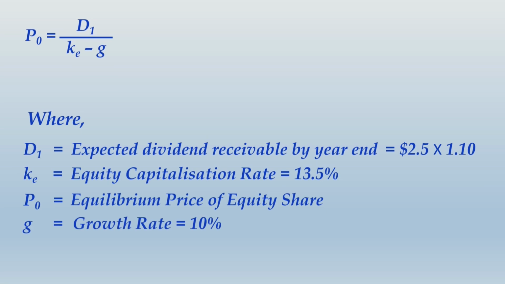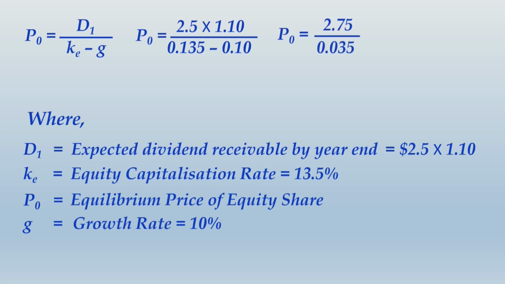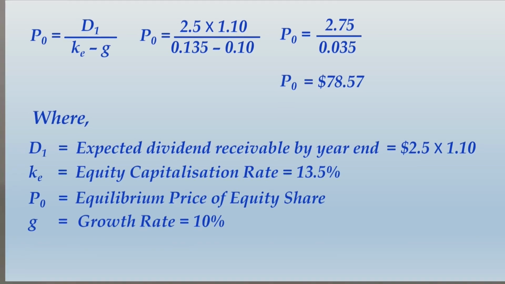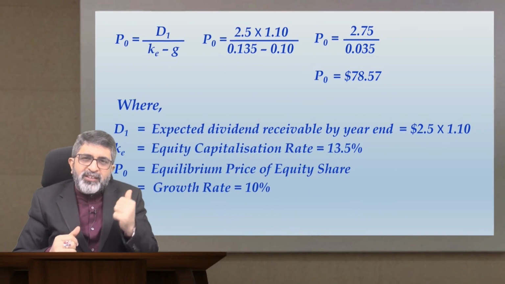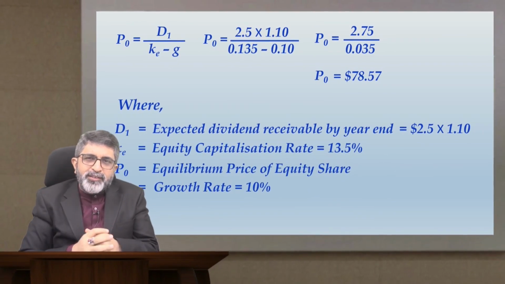So when you apply all these calculations, the P0 value that you get will be 2.75 divided by 0.035, and the P0 value is $78.57. Do you know one thing? The quoted market price of this stock was $60, correct?